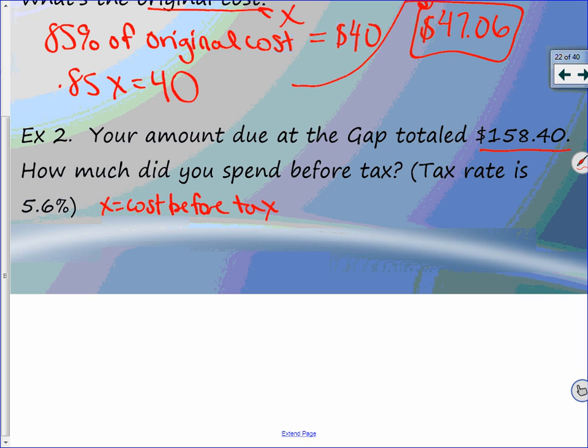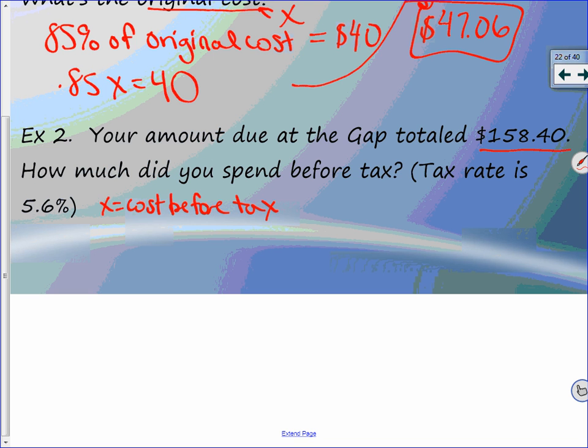So we'll just call X the cost before tax. So you multiply it by what? Multiply 5.6%, but we've got to turn it into a decimal. Sure. But still, what do we multiply it by?